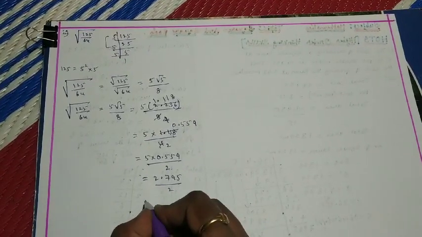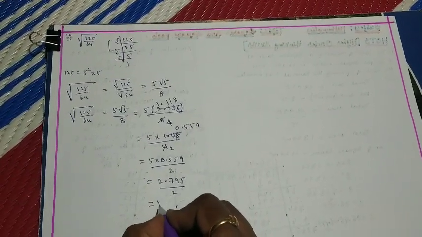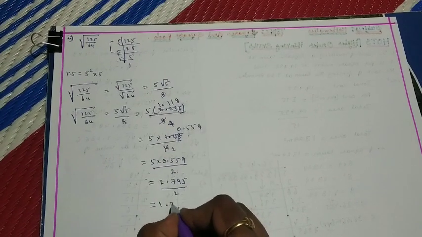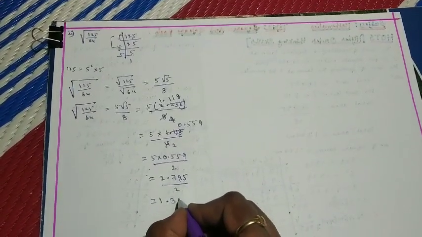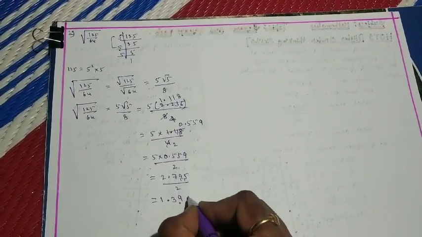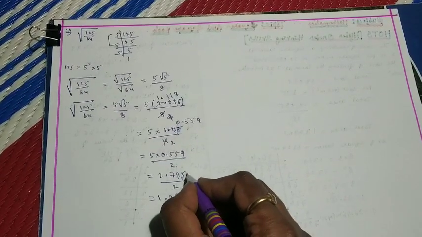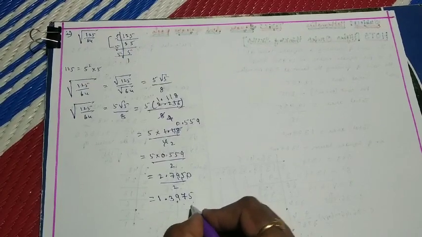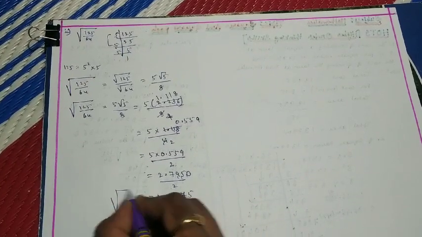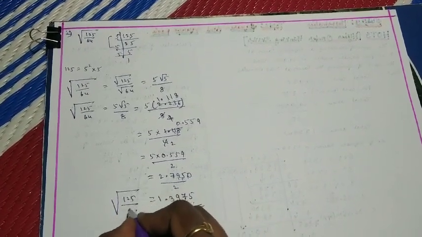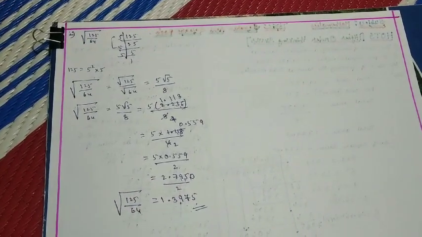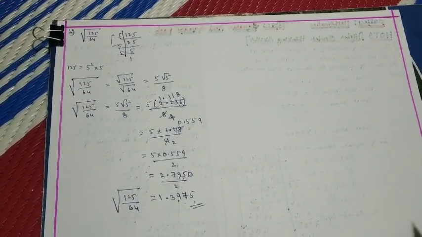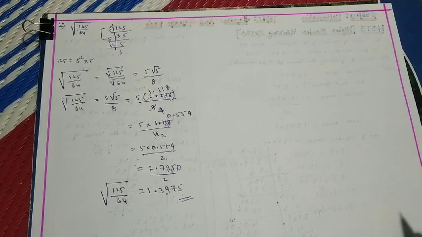So let me convert into decimal again. 2 1s are 2, point, 2 3s are 6, 1 remains, 2 9s are 18, 1 remains, 2 7s are 14. Again if I take here 0, 1 remains, then 2 5s are 10. So the answer, square root of 125 by 64, is 1.3975. Is it clear, children?